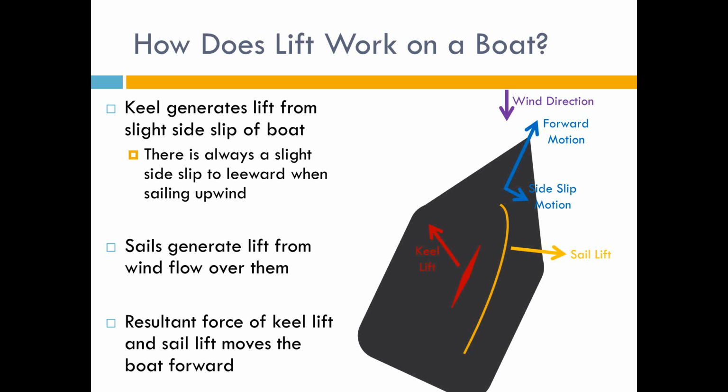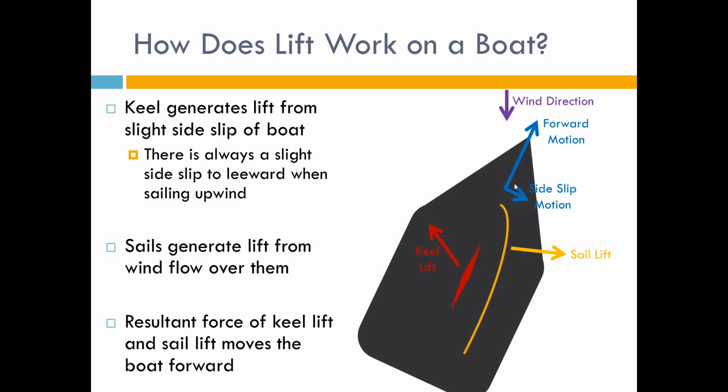So the picture on this slide here, I'll just wait so everybody can see it. Okay. So this is the compilation picture, so don't let it overwhelm you just yet. We're going to break it down and look at each component individually, but I just wanted to put it all up front. But basically what's happening when you're sailing is, yes, you have forward motion, but you also have this slight side slipping.